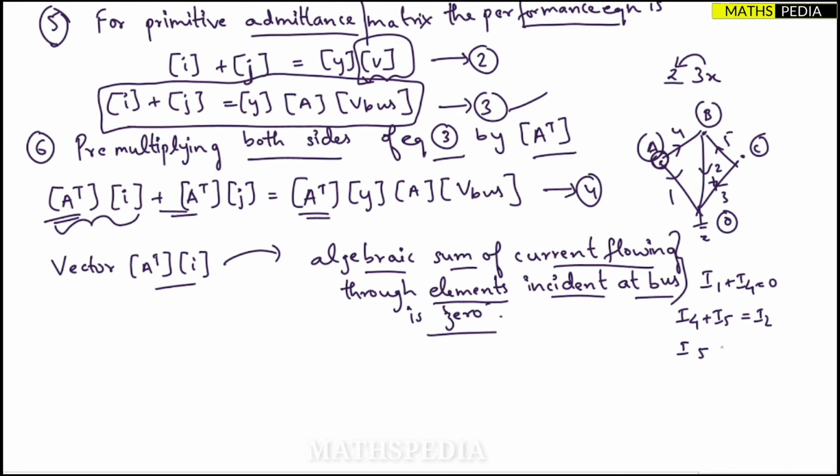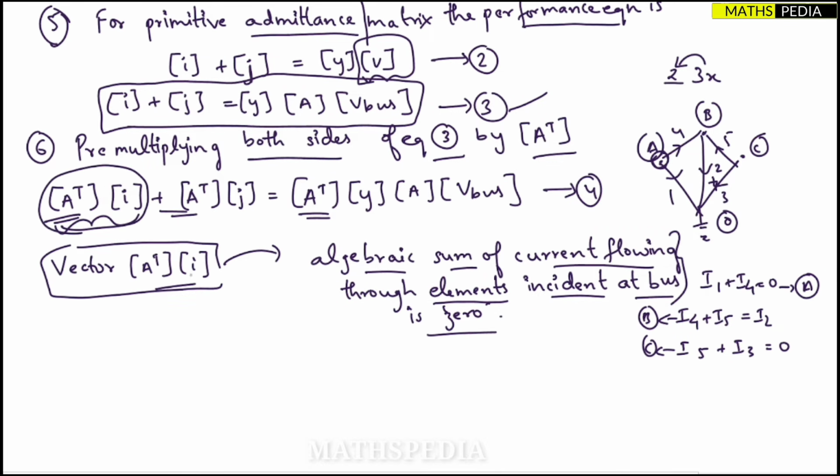I5 plus I3 will be equal to 0. This is for C node, this is for B node, and this is for A node, like that. So for particular nodes, the algebraic sum of the current flowing through those elements, that line, will be 0. So this vector will be 0. So I can replace it with 0.